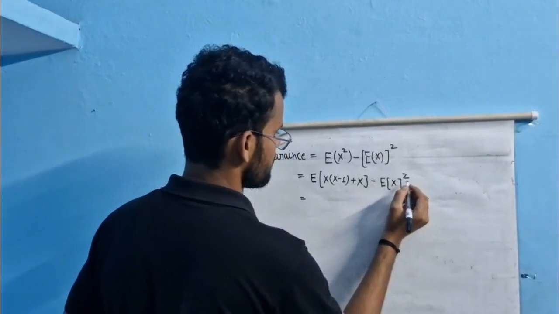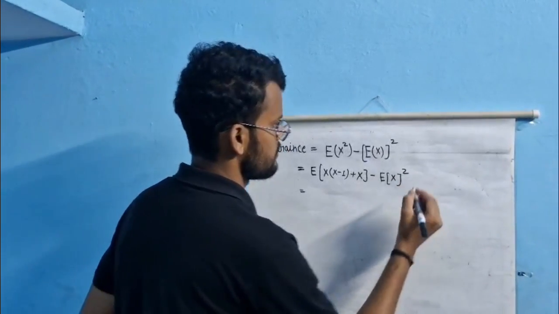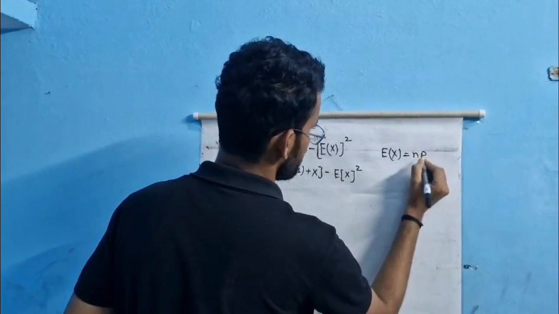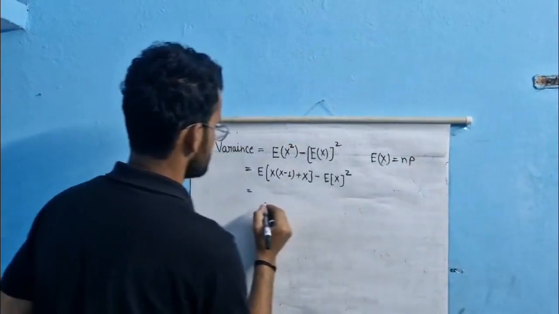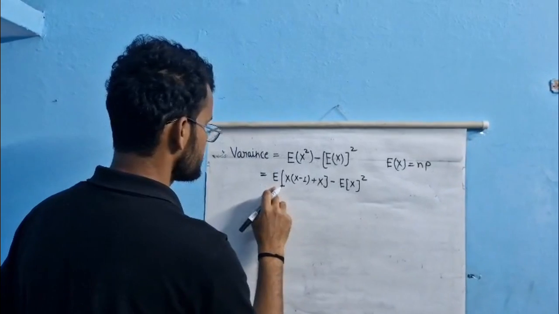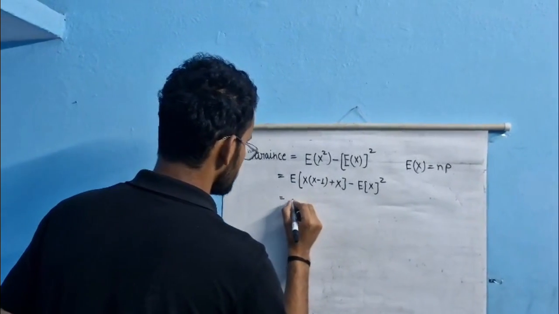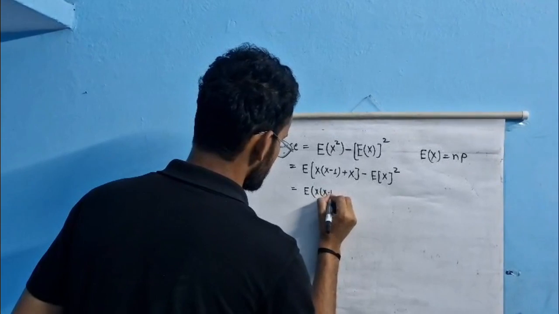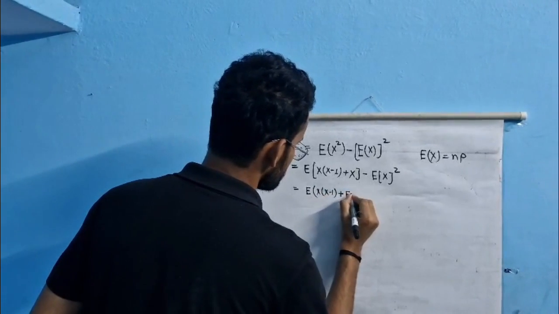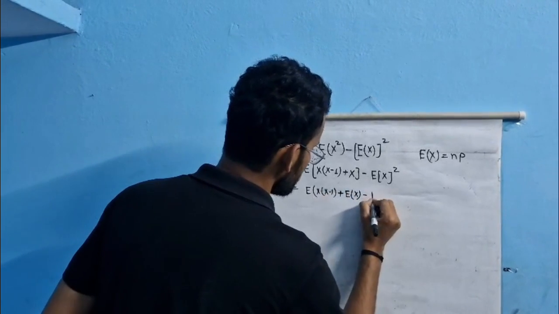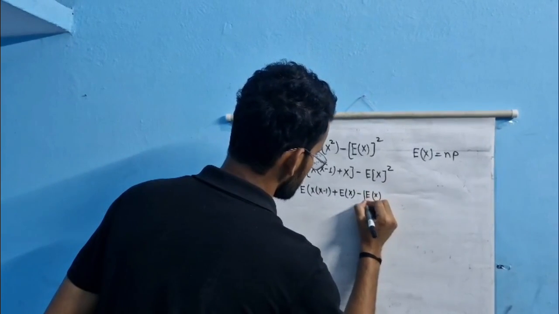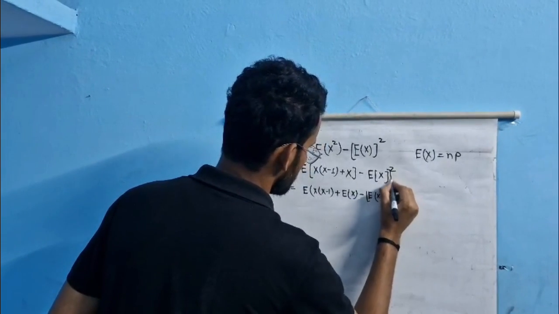So variance is equal to expectation of x into x minus 1 plus x, minus expectation of x whole square. Expectation of x is equal to np, where np is the mean. Now expectation goes inside the bracket: expectation of x into x minus 1 plus expectation of x minus expectation of x whole square.